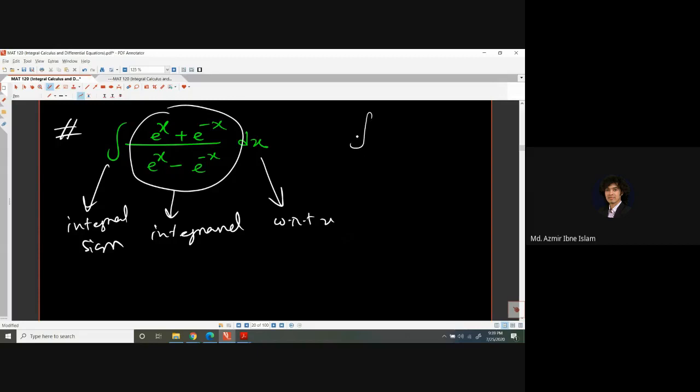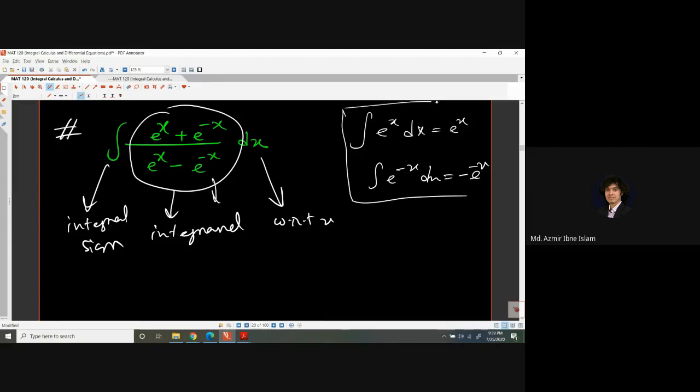There is no direct formula for this one. We have e to the power x and e to the power negative x. At first we can think about the integration of e to the power x, which is e to the power x, and the integration of e to the power negative x dx, which is negative e to the power negative x. But these are the common functions, and the function we have here is not the common one.